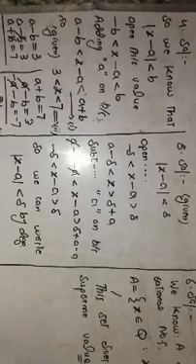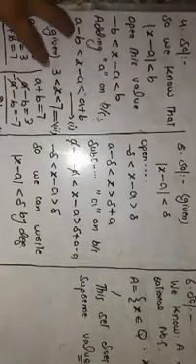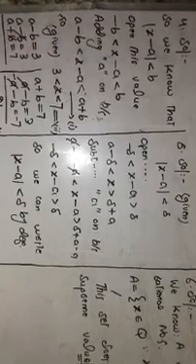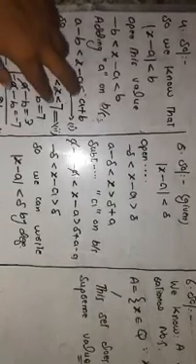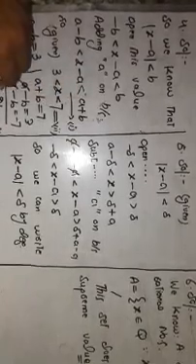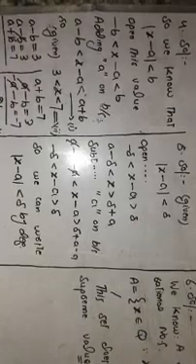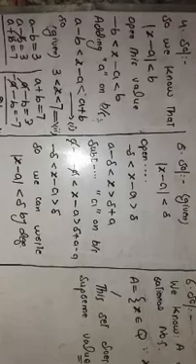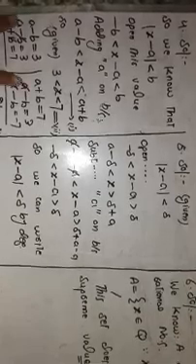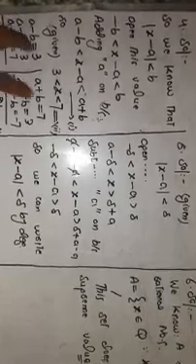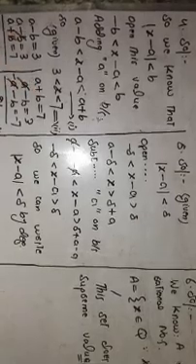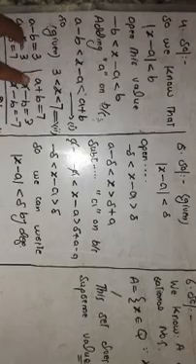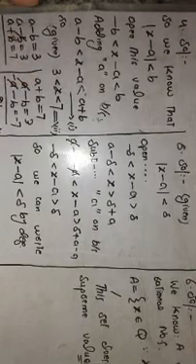First of all, we add both equations to get the value of a, and second, we subtract both equations to get the value of b.